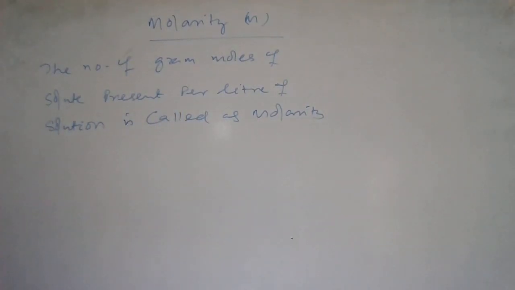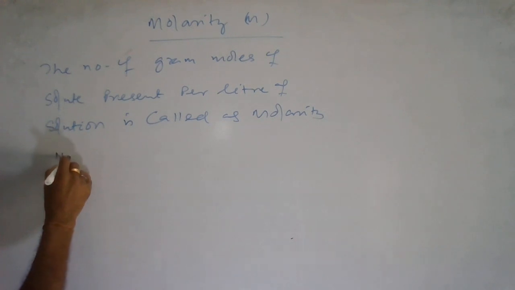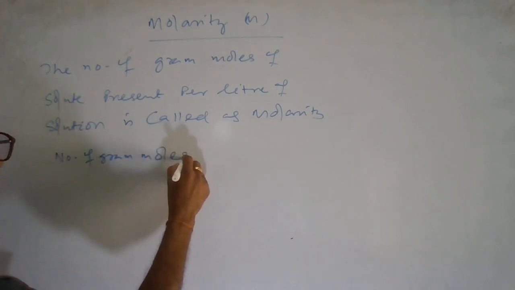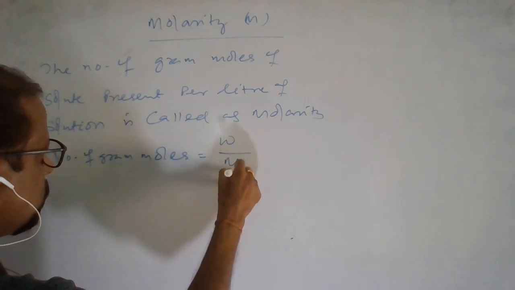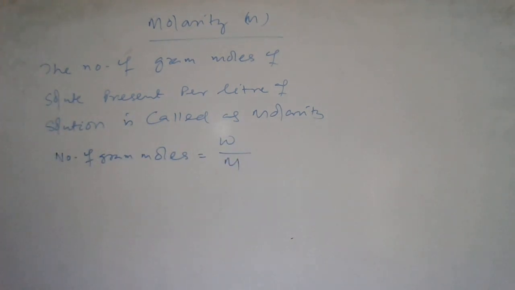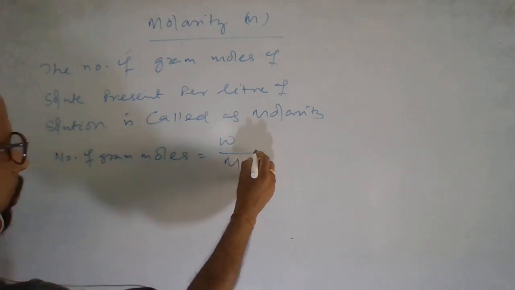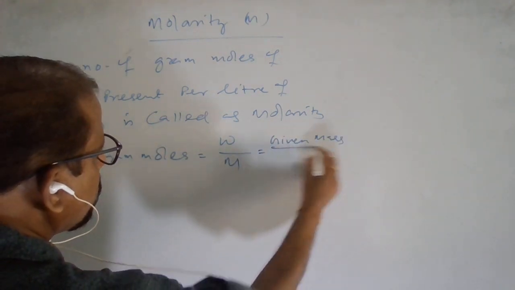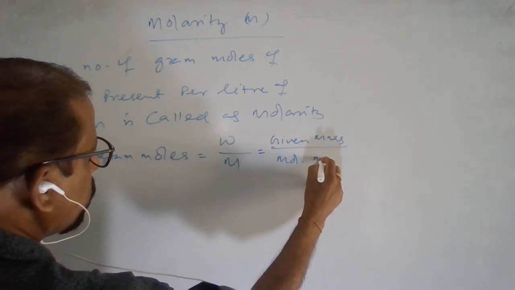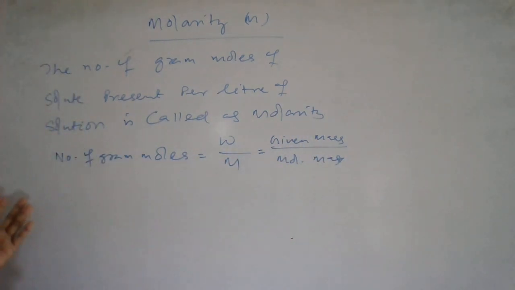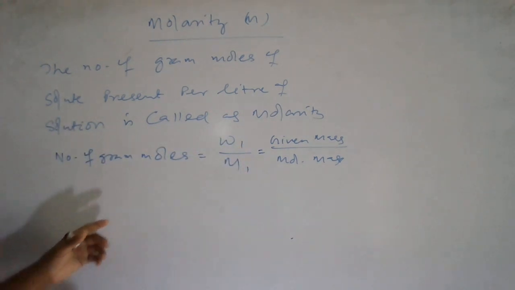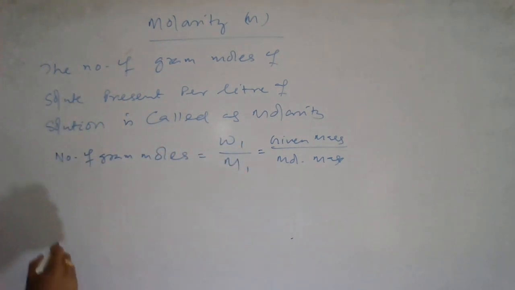Now you see, the number of gram moles is equal to the given mass divided by the molecular mass. For the solute we always write the subscript 1, so it is W1 by M1.